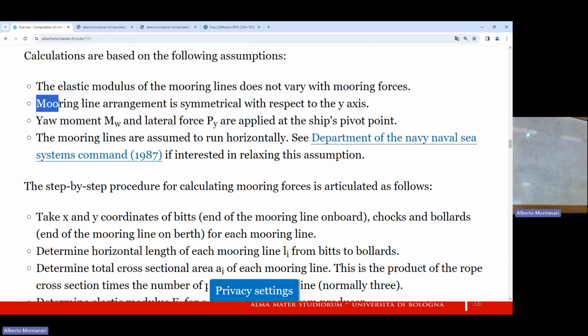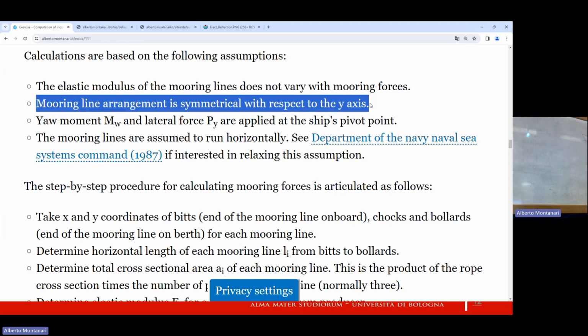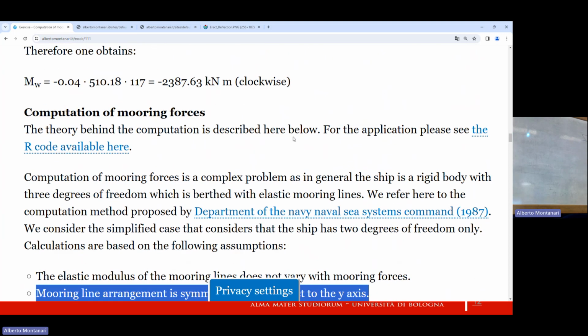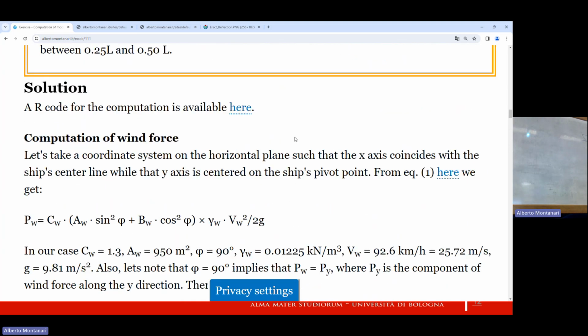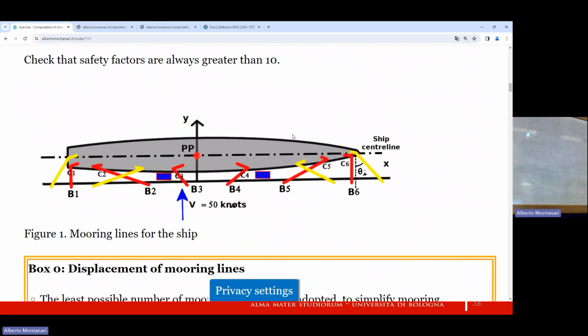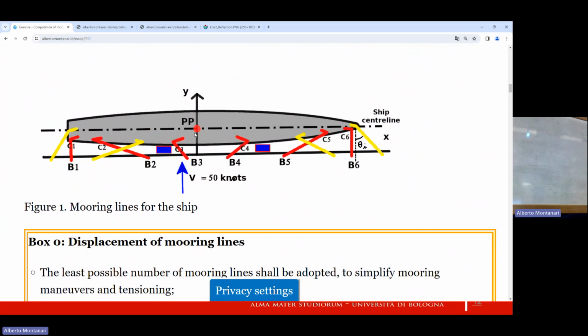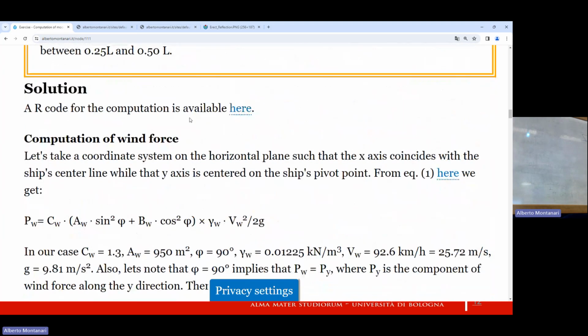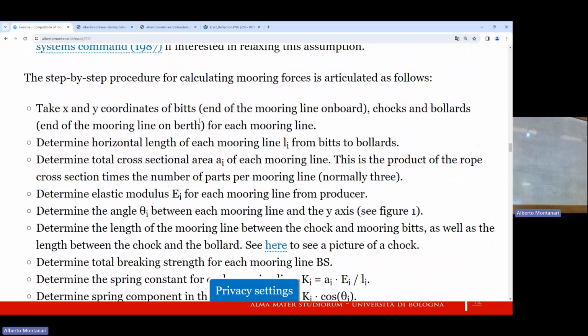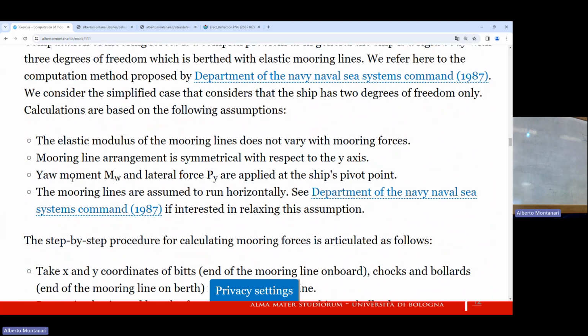Mooring line arrangement is symmetrical with respect to the y-axis. I go back to the figure, to the scheme. This is the mooring line arrangement. And you see that it's symmetrical with respect to the y-axis. Okay, good. Of course, this is an assumption.